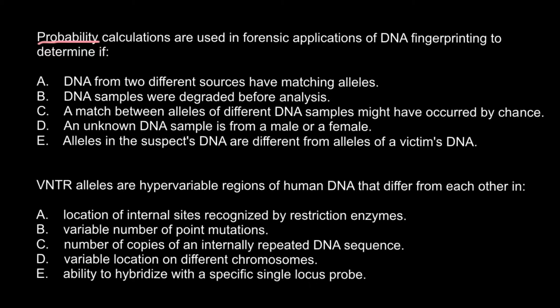So if they have all 13 loci present in the biological evidence, then numbers can be 1 in billions. But if they have 5 or 6, numbers can be 1 in millions.